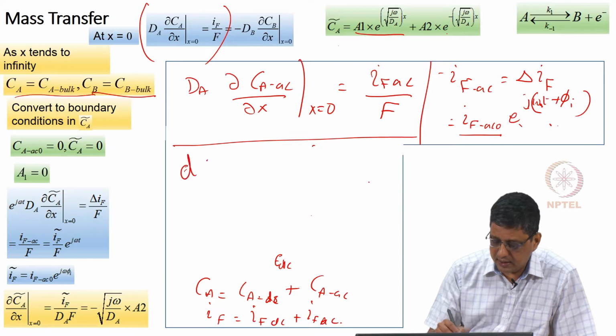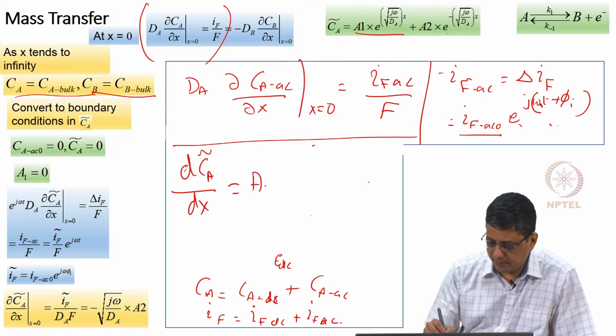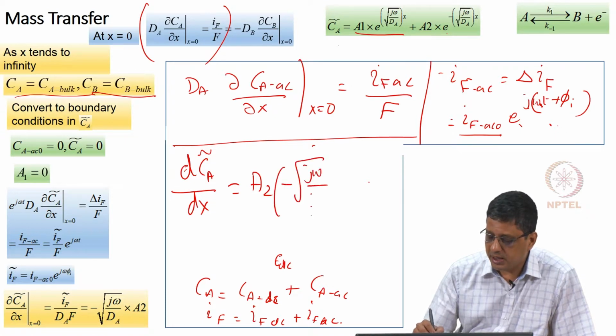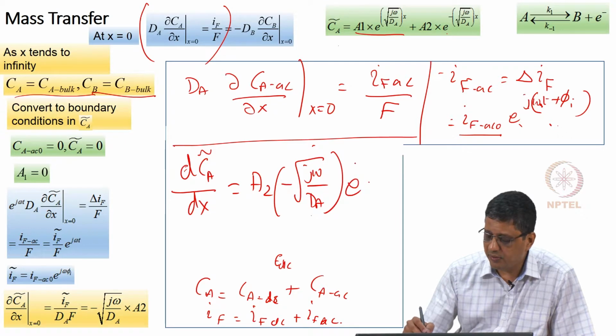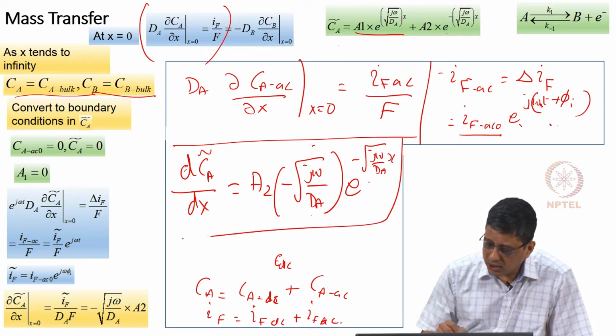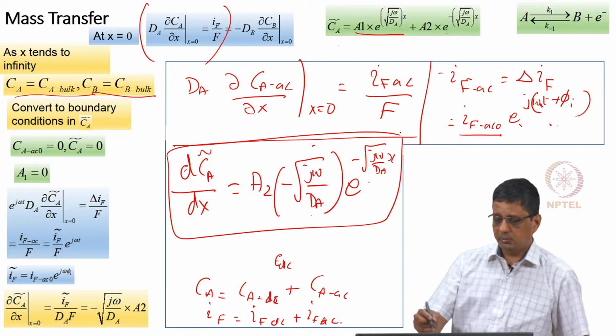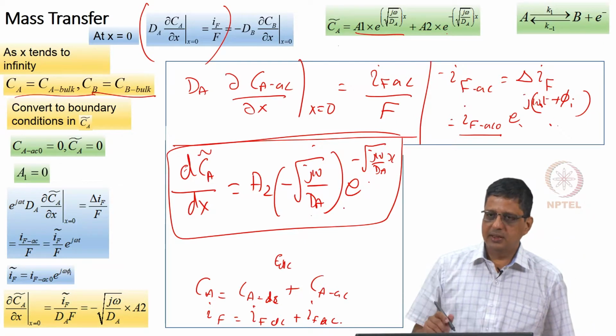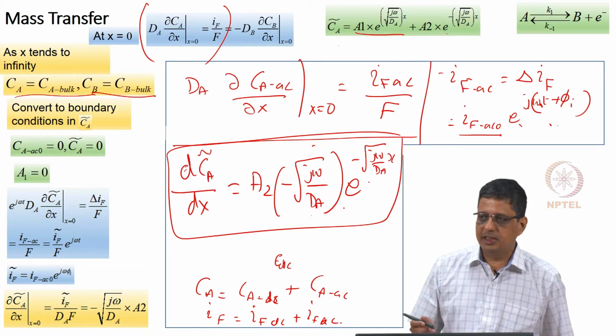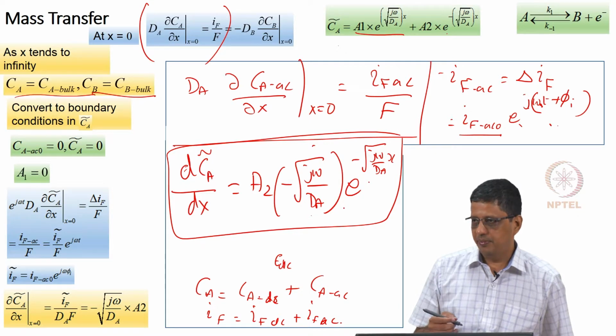We would say A2 minus square root of j omega by dA, e power minus square root of j omega by dA into x. Now, I want to evaluate this at x equal to 0, then the e power minus mx becomes unity.